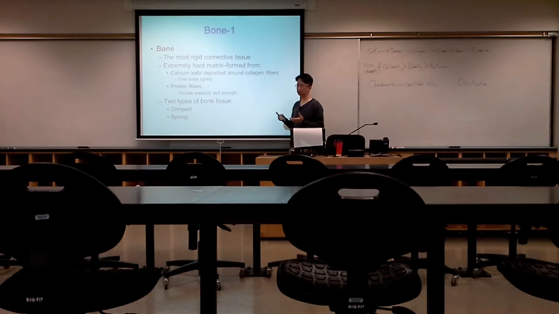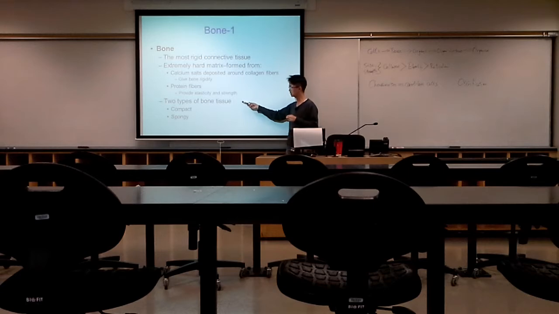The calcium salt that forms will make the bone really hard. And then we have protein fiber, because the bone is actually a living tissue and the bone can actually bend. It is not completely rigid like steel. It is a living tissue that allows a small degree of bending.